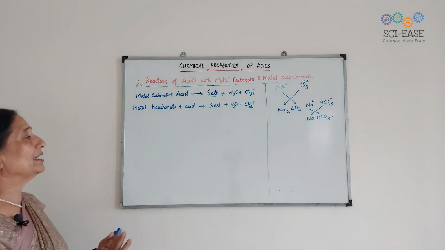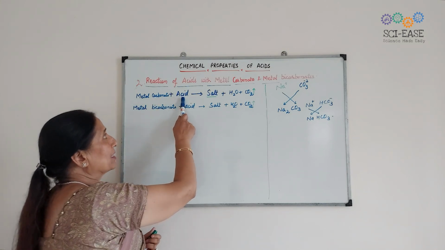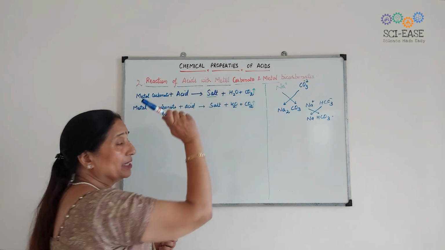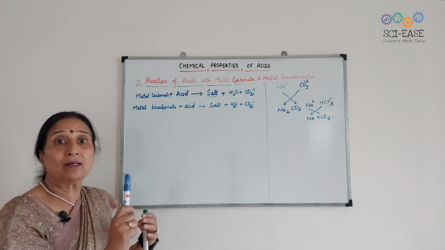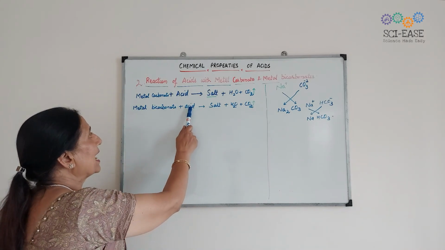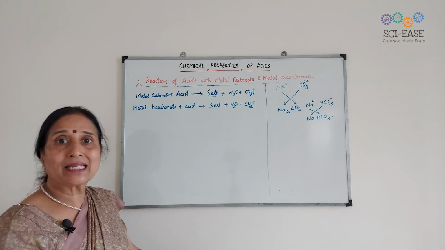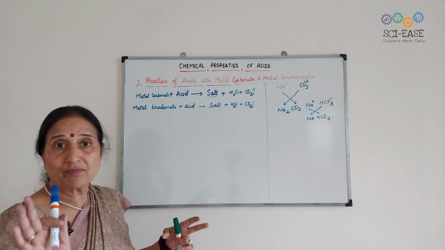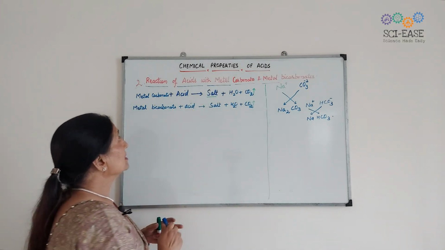So the general equation I have told you: when metal carbonates react with acid, salt, water and carbon dioxide are formed. And when metal hydrogen carbonates or metal bicarbonates react with acid, the same products, salt, water and carbon dioxide, are formed.